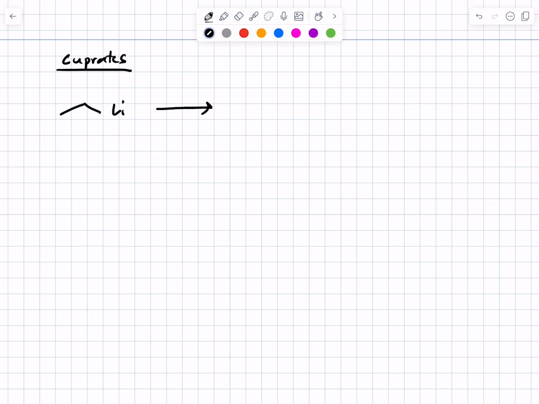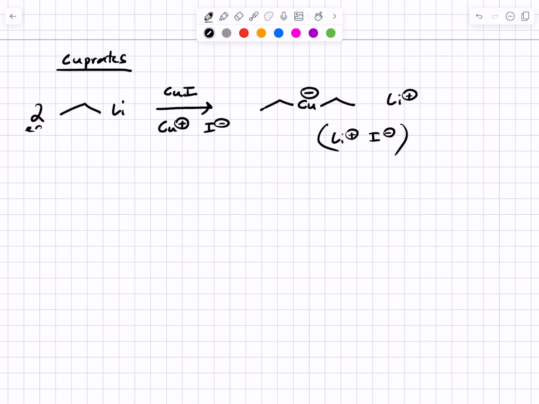It turns out, and we're not going to say a lot about the structure of the cuprate reagent, you add copper iodide, that's copper in its +1 oxidation state, and you end up forming 2 new carbon-copper bonds with a negative formal charge on the copper, and then lithium is a counter ion, and then you also make as a byproduct lithium iodide, which we're going to forget about. So you sort of need 2 equivalents of organolithium reagent to make a cuprate.